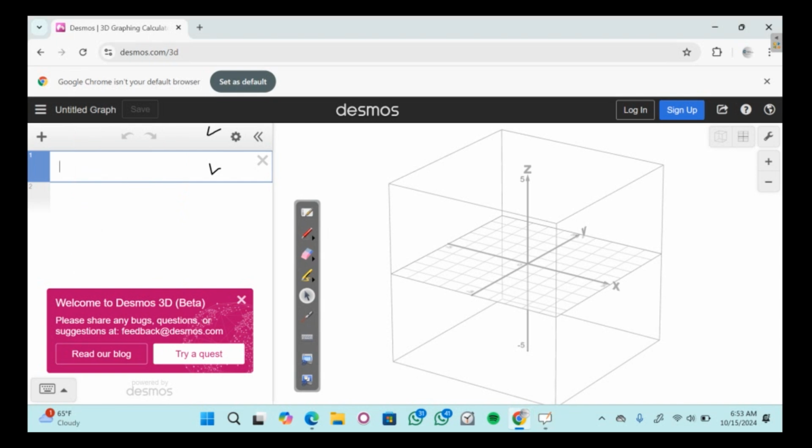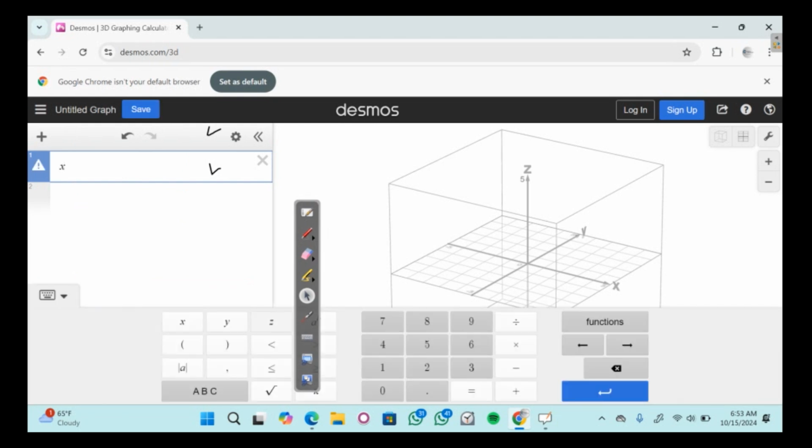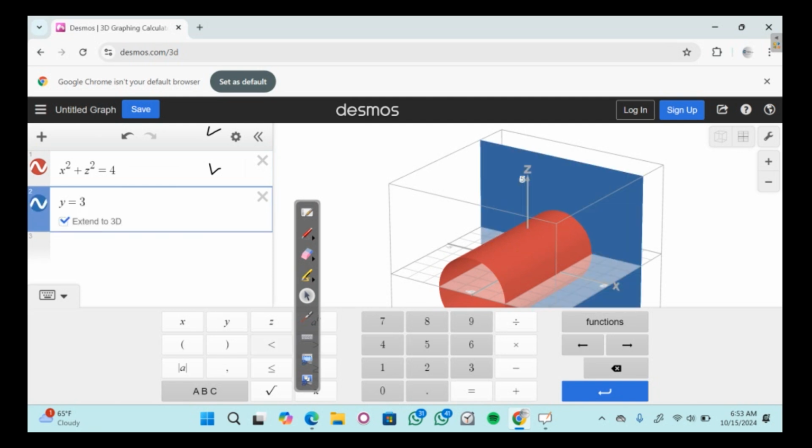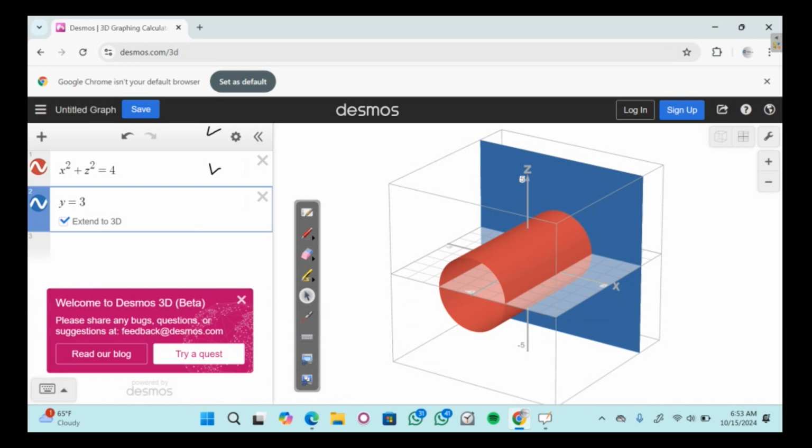We are talking about x squared plus z squared is equal to 4. Then we're also talking about y is equal to 3. Okay, I can extend it in 3D. It's something like that. So this right here is what we have.